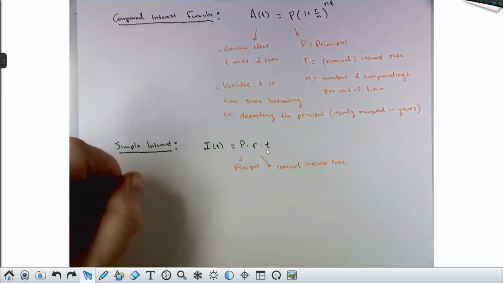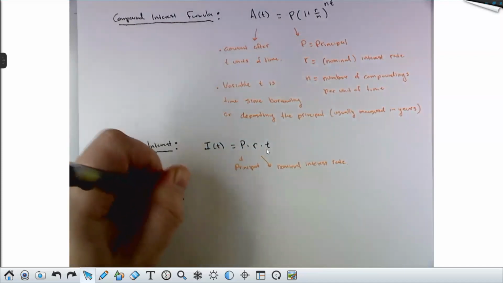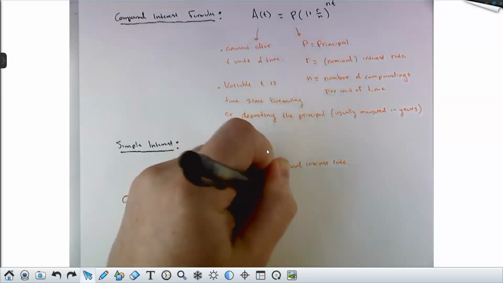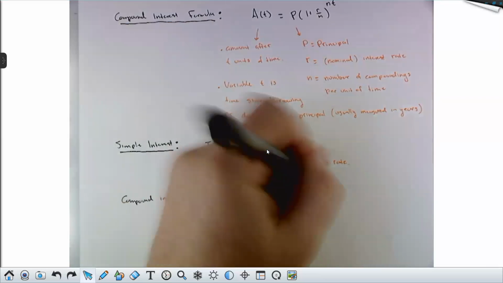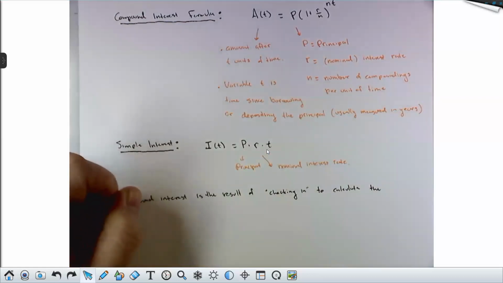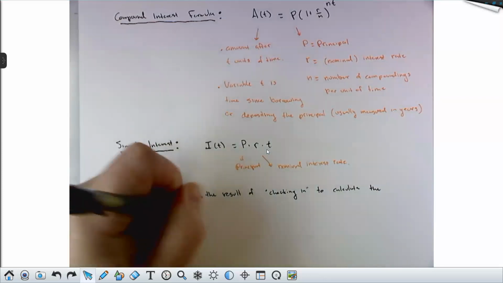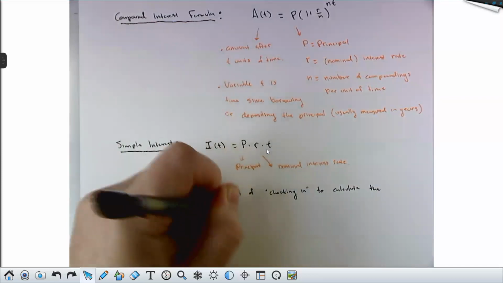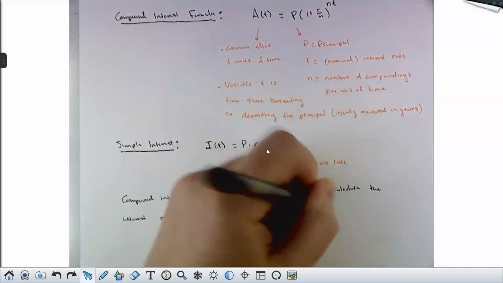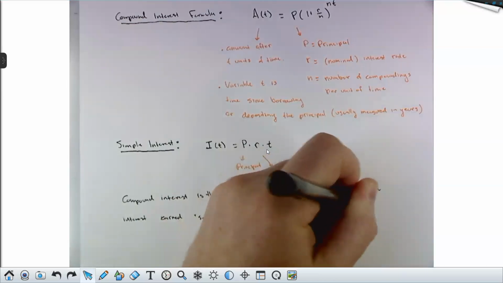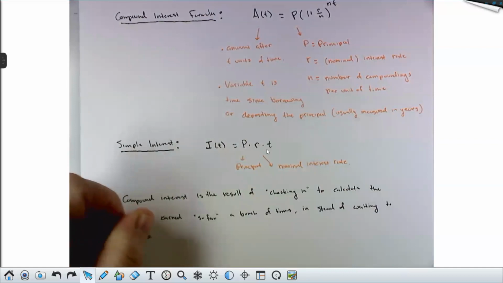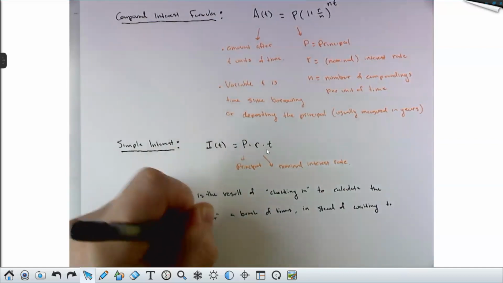So compound interest is the result of checking in to calculate the interest earned so far a bunch of times, instead of waiting to calculate interest when you pay back the loan.